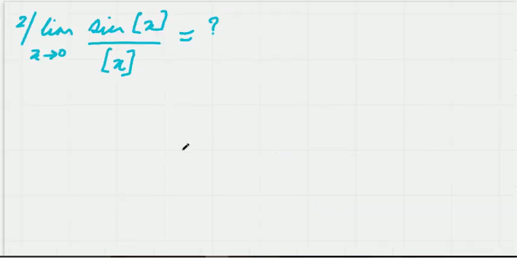Now let's see one more problem. Okay, our next problem is limit sin of [x] upon x is equal to what? Now this is not exactly x, it is this symbol, which is called the greatest integer function.